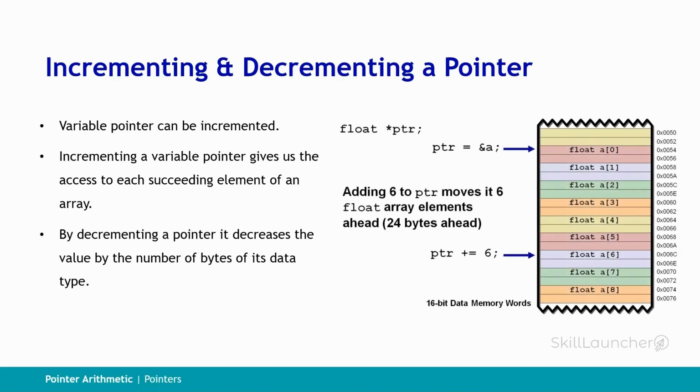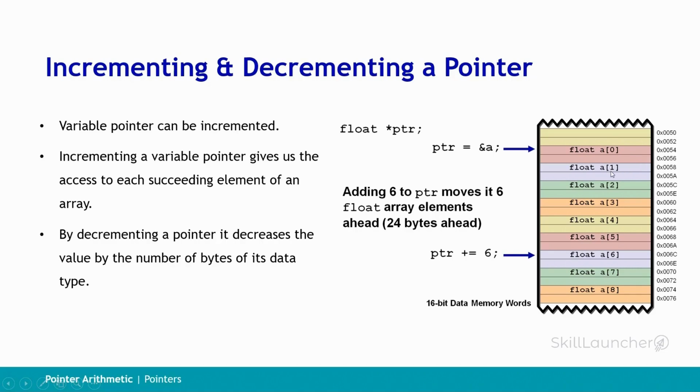Let us have a look at an example. Here we have a pointer variable of type float which is pointing to an array A. Initially it would point to A[0], that is at the address 54. Now when we increment the pointer, that is we do ptr++, it would not point to 55, but it would actually point to A[1] at the address 58.